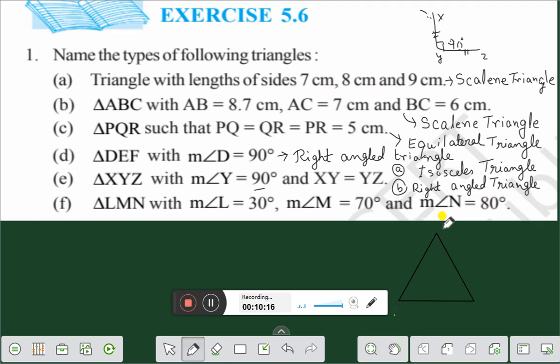If we name this triangle LMN, this is L, this is M, and this is N.